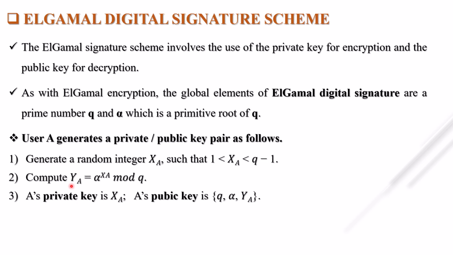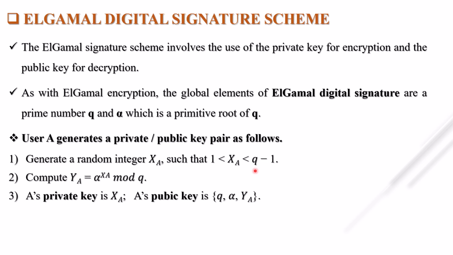So xa is the private key of A, meaning Alice, and ya is the public key of A. What is q? q is our prime number. And what is alpha? Alpha is a primitive root of q. If you already know what a primitive root is, then it's okay. Otherwise, I will explain in the next slide.